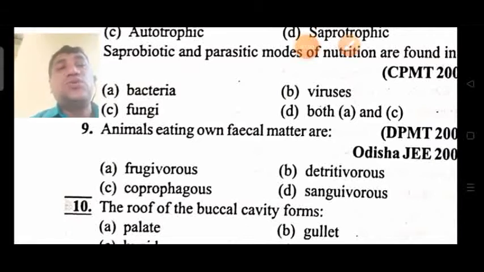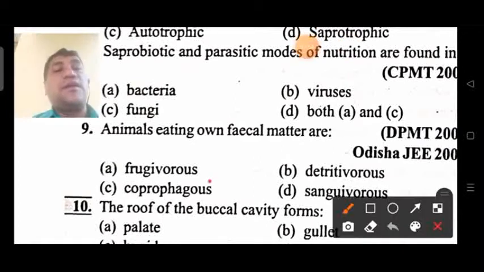Of these two, the brown part is retaken as food again, meaning the rabbit takes its own fecal matter back into the body. So this type of mechanism is called coprophagous.